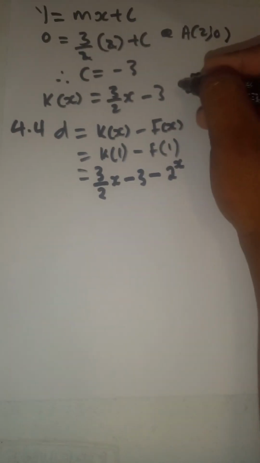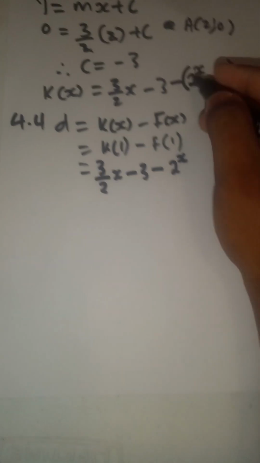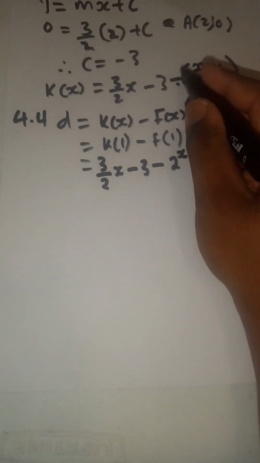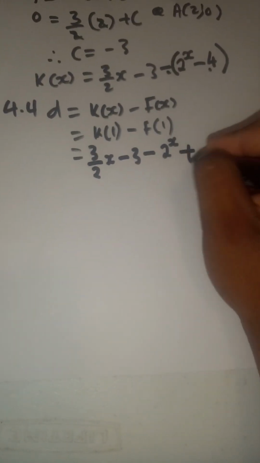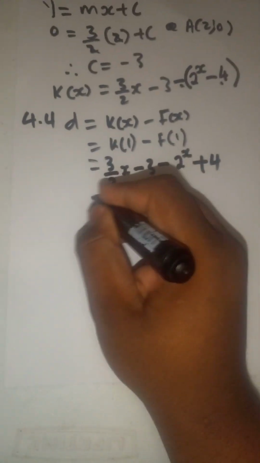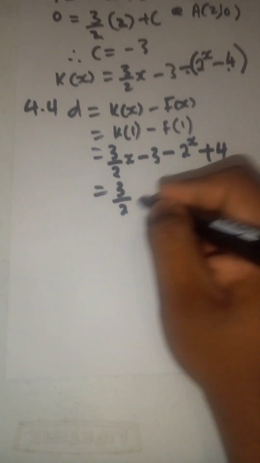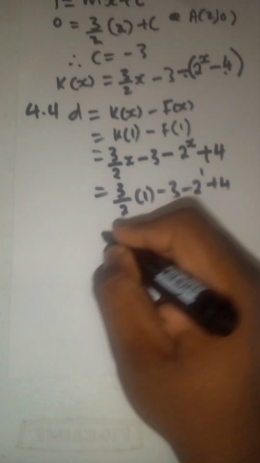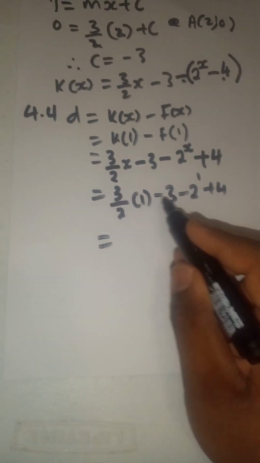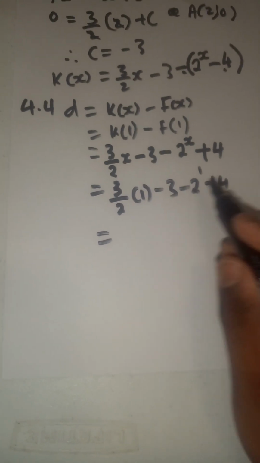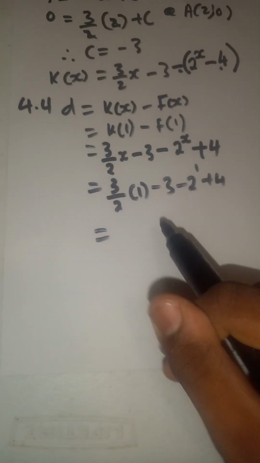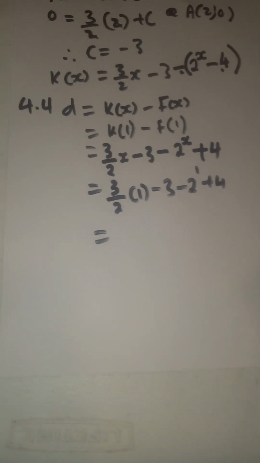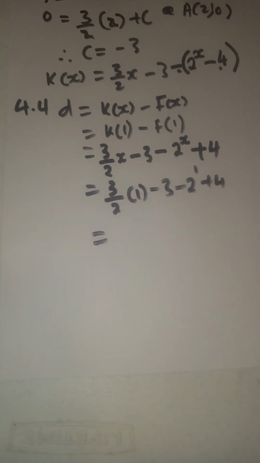So when I put another bracket with a negative sign, it will be minus minus, which makes it plus 4. And then where there is x, put 1. Which gives me 3 over 2 minus 3 minus 2 plus 4.